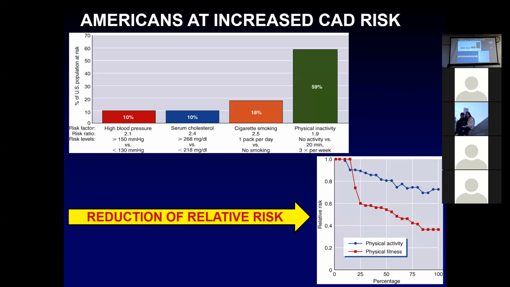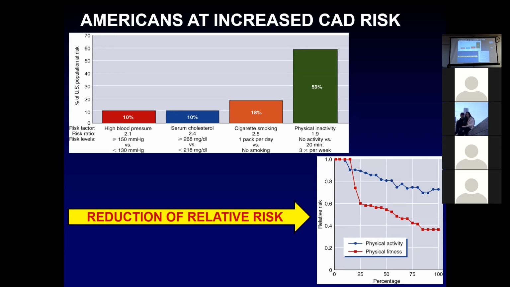So let's try to stratify people out, who has a heart attack or who has increased coronary artery disease risk. What we're going to look at is that there's about a 10% risk increase with high blood pressure, 10% with cholesterol, about 20% with smoking, and then about 60% of the population has increased risk from physical inactivity.